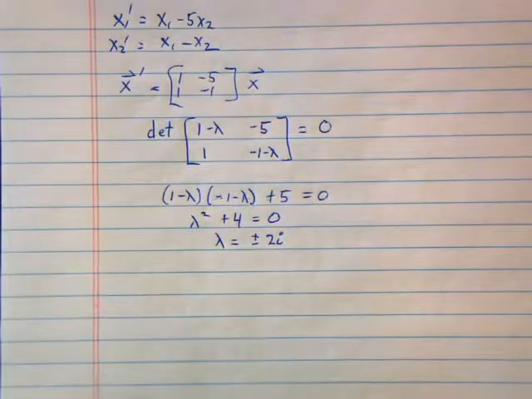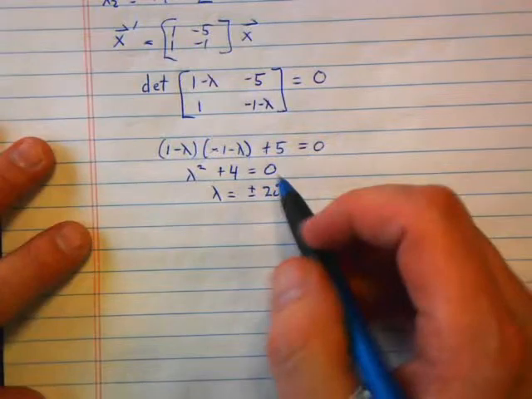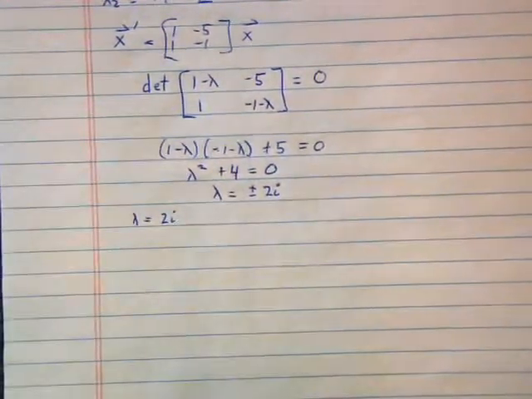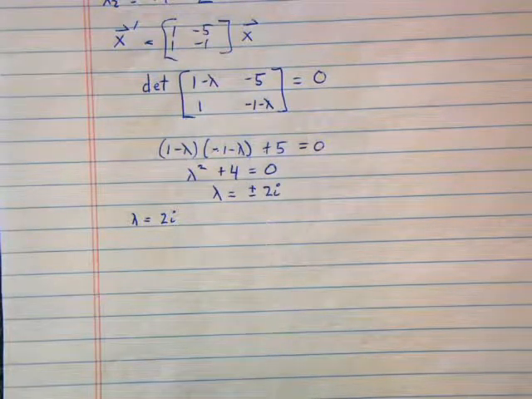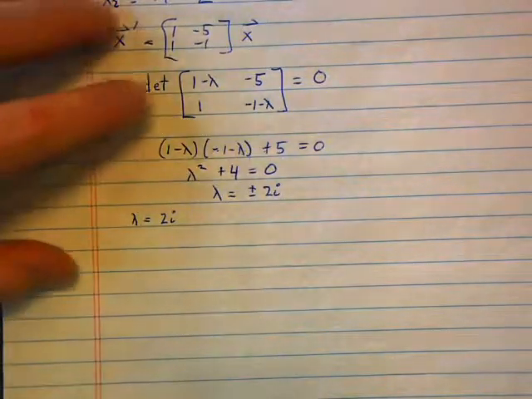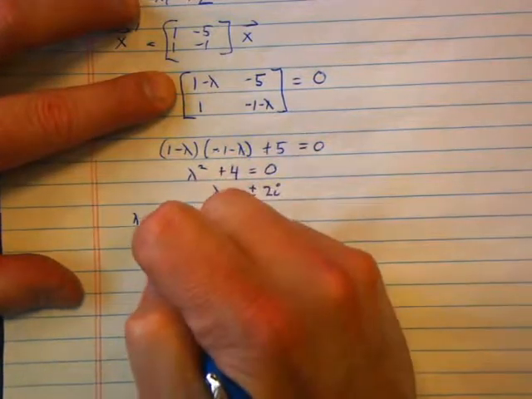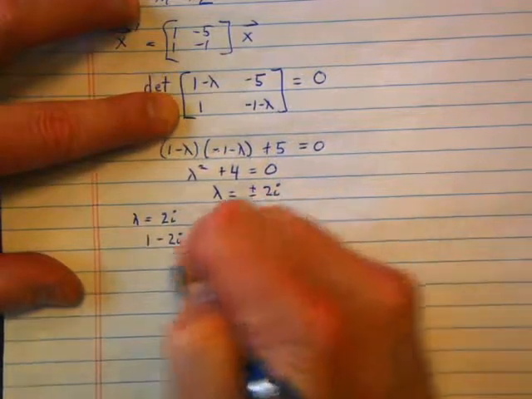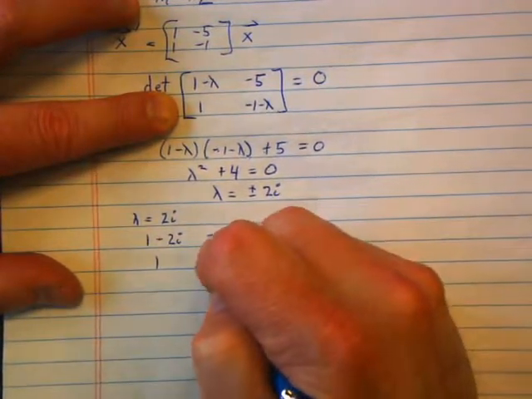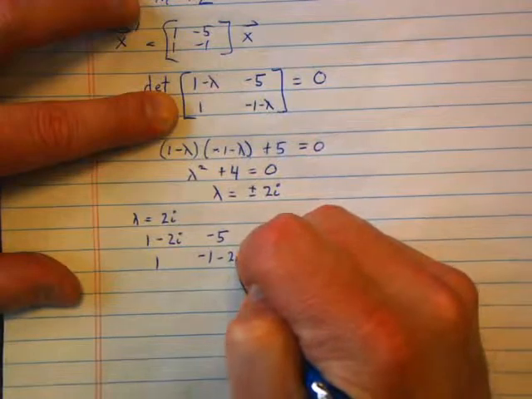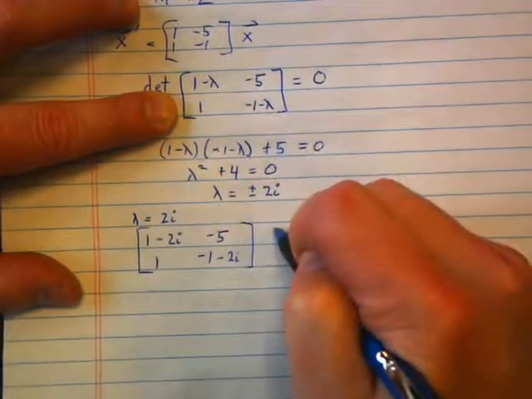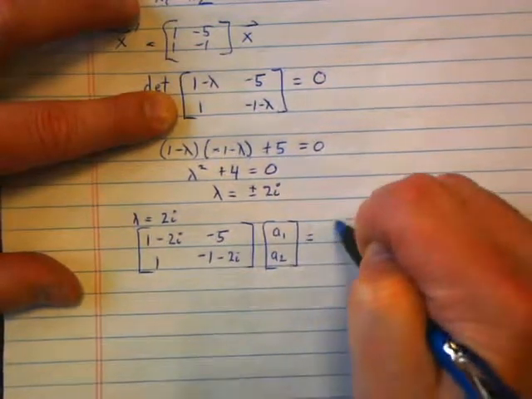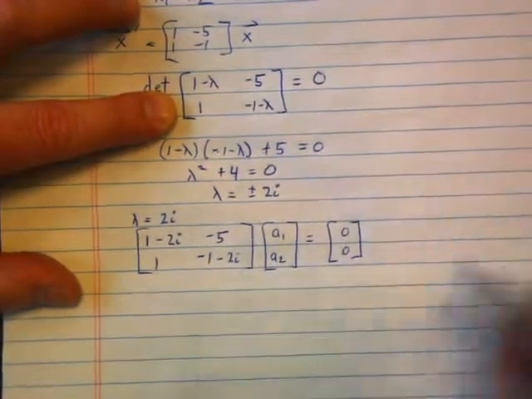Okay. Now, I've got to compute my eigenvector. So when lambda equals 2i, I'm going to have 1 minus 2i, negative 5, 1, negative 1 minus 2i, times my eigenvector a1, a2, has to be 0, 0.